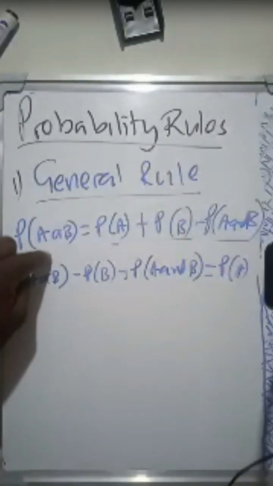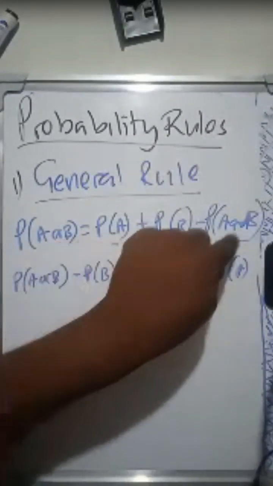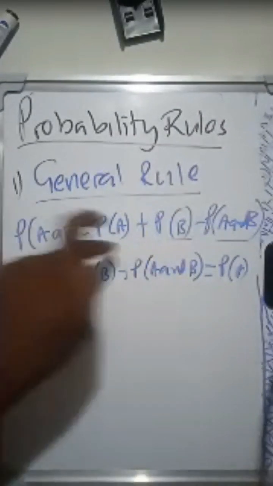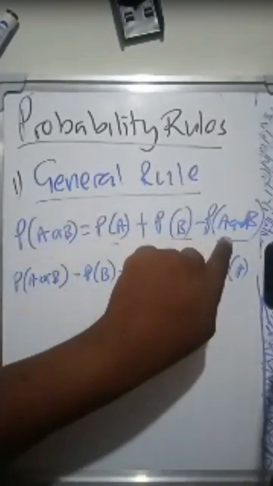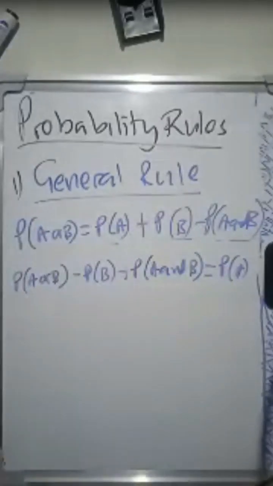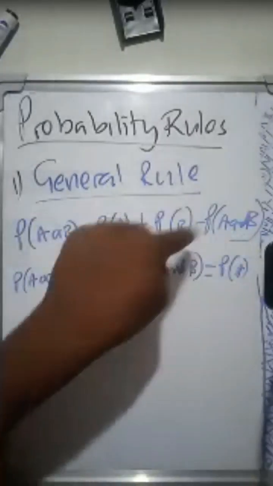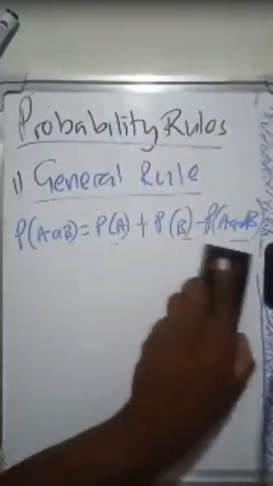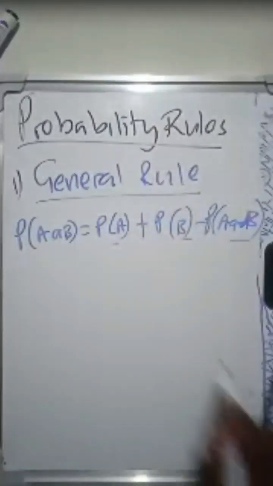If you are given this, that, and you want to calculate this, then you can calculate it. If you are given this, that, and you want this one, it's obvious you can calculate it. So you use the general rule in so many instances. We shall see as we are doing our calculations.